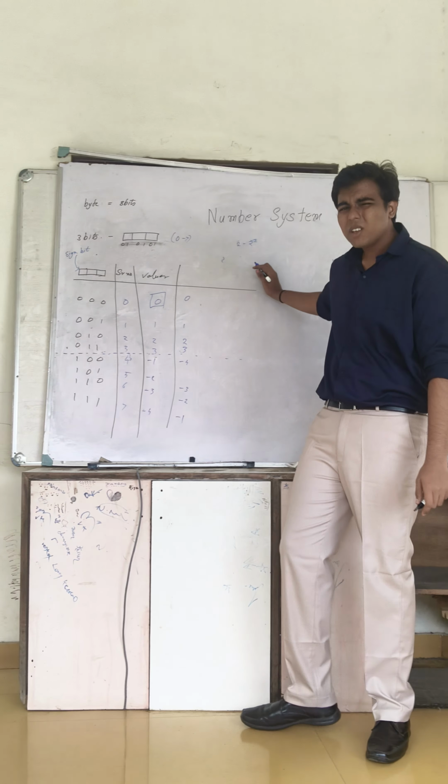Correct? So if I add these values. Sorry, the 2 value is 0, 1, 0, and the negative value is 1, 1, 0.